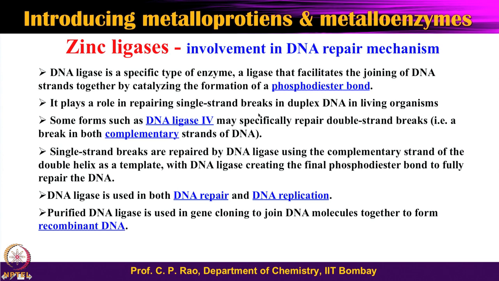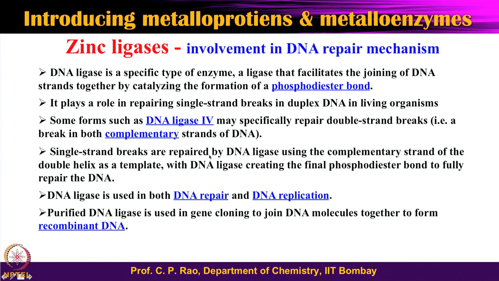It can repair single strand breaks, or it can repair double strand breaks, so there will be different kinds. So, it is repaired by the DNA ligases using the complementary strand of the double helix as a template. The DNA ligase creates the final phosphodiester bond in order to fully repair the DNA.